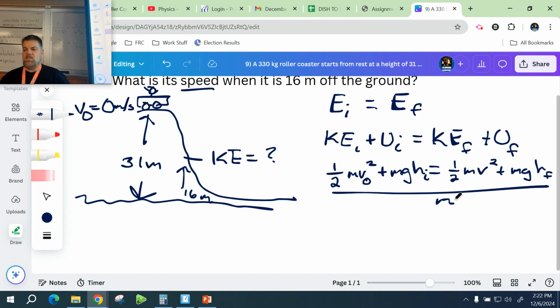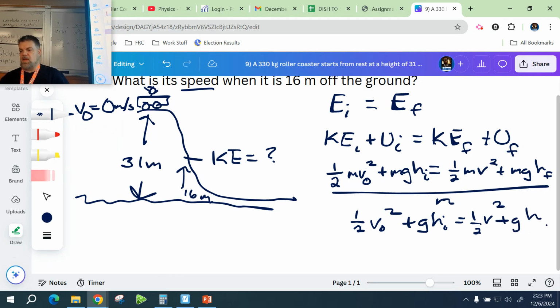Now what that does is that gives me 1/2 times V initial squared plus g h sub i is equal to 1/2, because the mass of the cart is the same, times the final velocity squared plus the acceleration due to gravity times the final height. Okay, so now I just plug some numbers in and go from there.